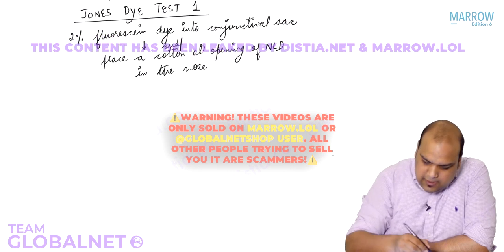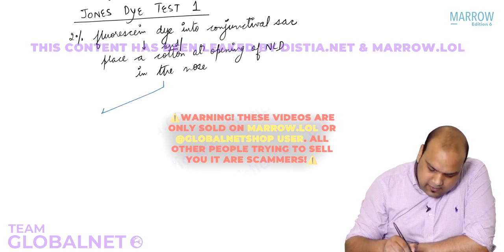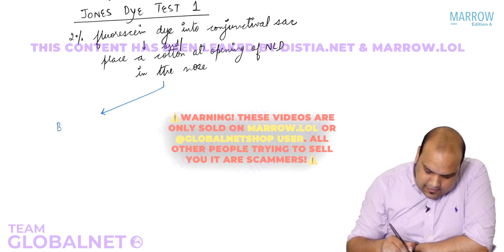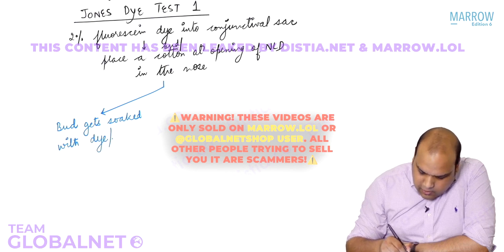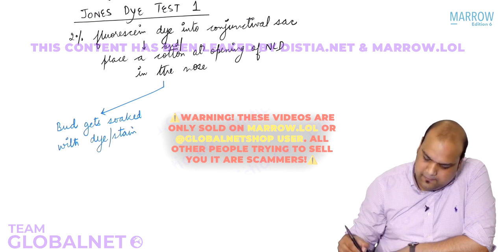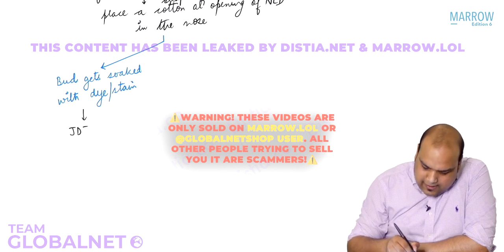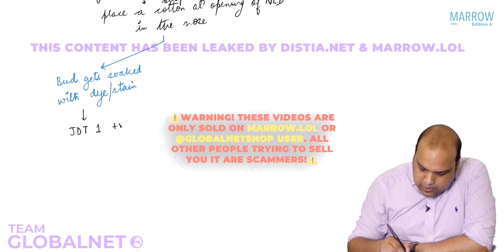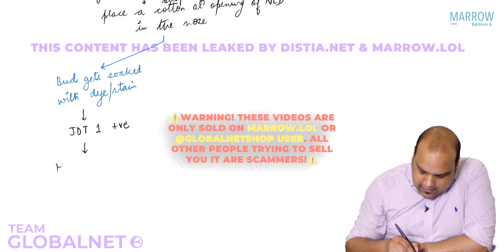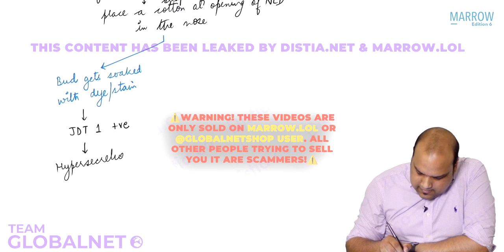You are trying to see whether, everybody, the cotton bud gets soaked with dye, or I can say fluorescein stain. In such a case, I will say Jones dye test 1 is positive, and the case will be diagnosed as hypersecretion.